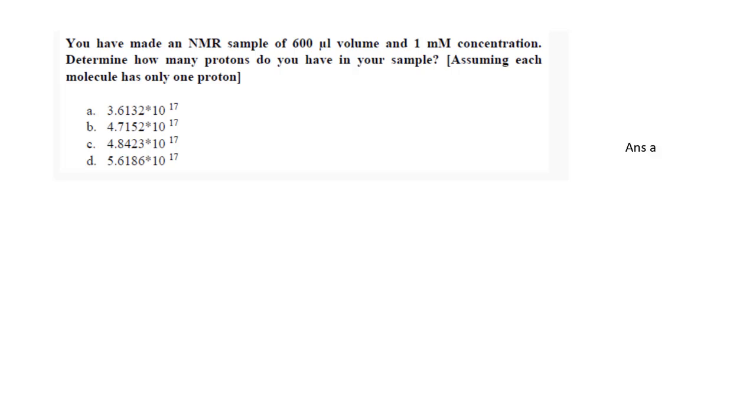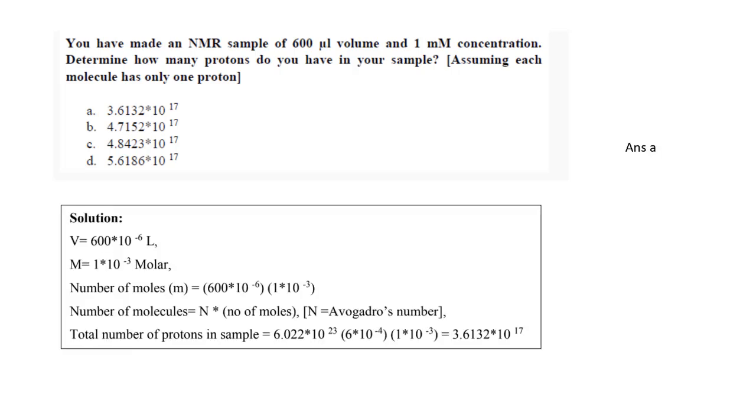Okay. So the solution is, here we have total volume of 600 microliter. If we convert it into liters, it is 600 into 10 to the power minus 6, and the concentration is 1 millimolar, so that means 1 into 10 to the power minus 3 molar. So number of moles is volume into the molarity.